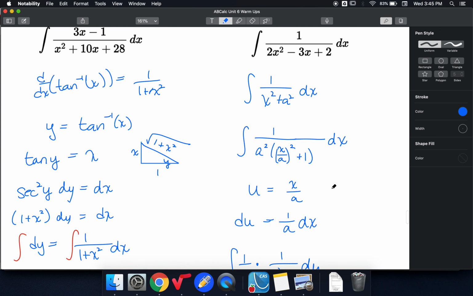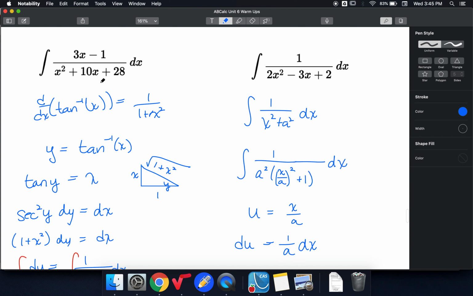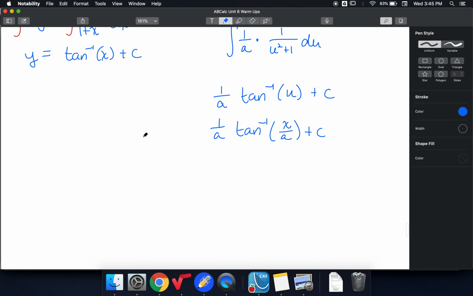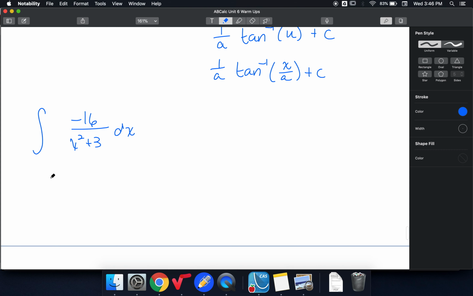So if we come back to this problem that we were looking at today, at some point we ended up with having the integral of negative 16 over x squared plus 3 dx. Well, I'm going to bring this negative 16 out to the front: integral 1 over x squared plus 3 dx.